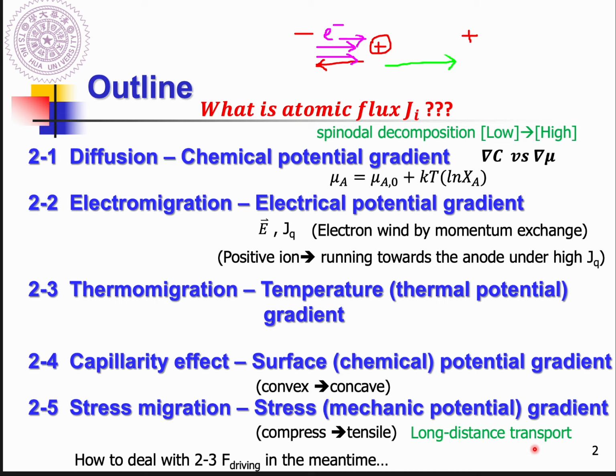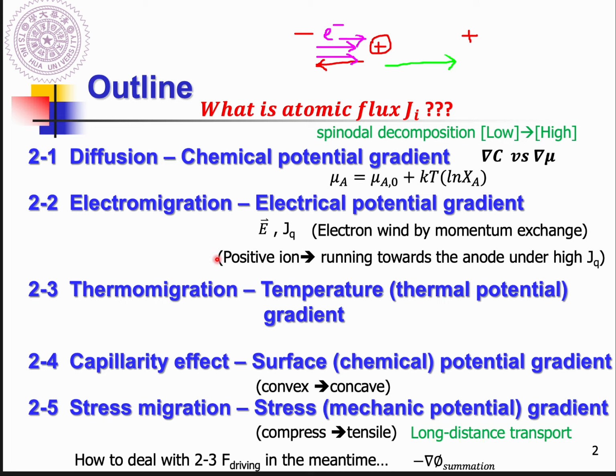How can we deal with this kind of case? For the driving force, you need to sum all the potential terms and take the negative gradient of it. Then this will serve as the total driving force to drive this atomic movement. So we will talk about this later at the end of this lecture.